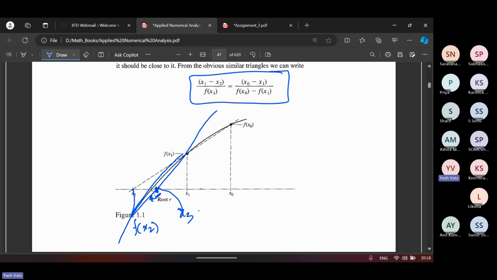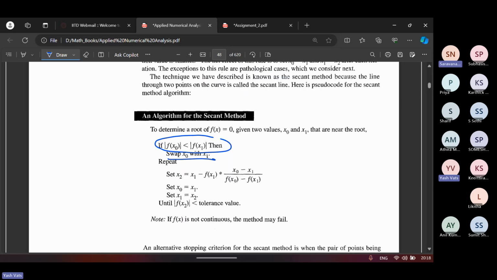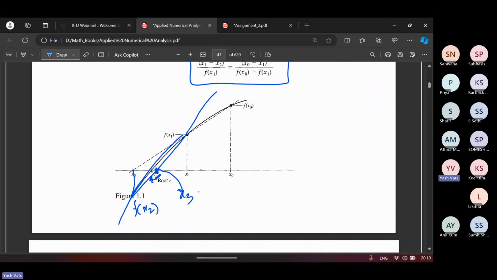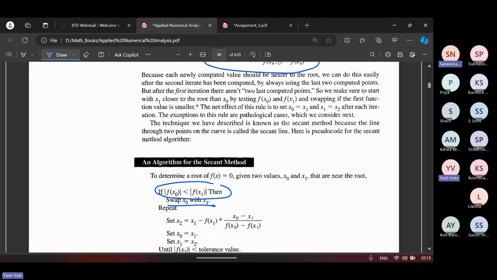If the absolute value of f of x naught is less than the absolute value of f of x1, then you have to interchange x1 and x naught. You know the meaning of swapping, I think, in the code.